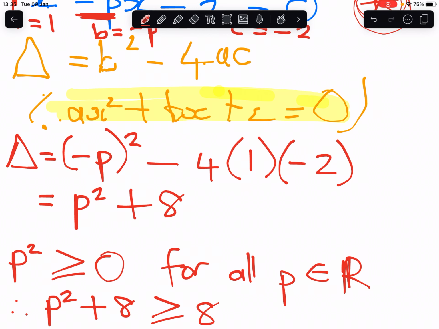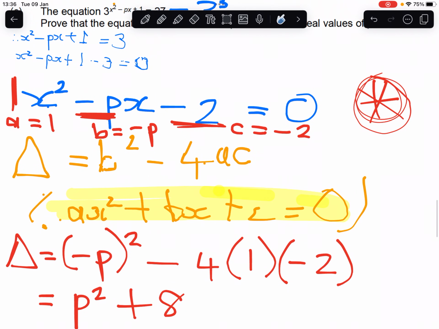But very importantly, when we look at discriminants, what we care about is: is it equal to 0, is it bigger than 0, or is it smaller than 0? So we don't even care that it's bigger than or equal to 8. What we're very concerned with is that it is definitely always going to be bigger than 0. So the discriminant is always greater than 0 for this equation that we looked at.